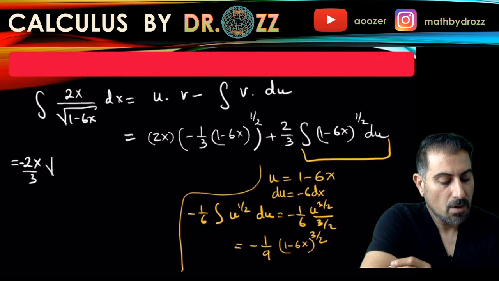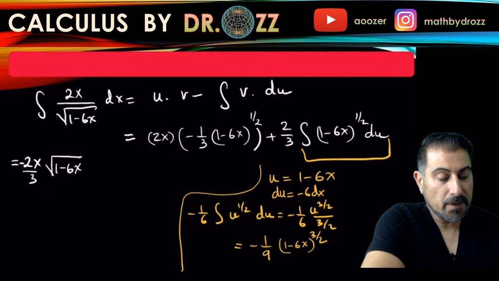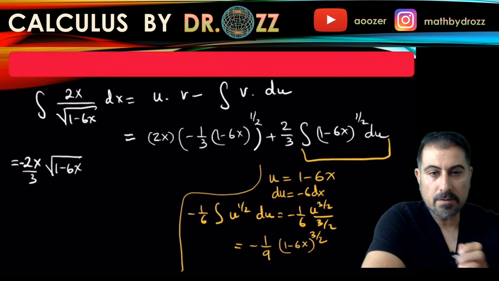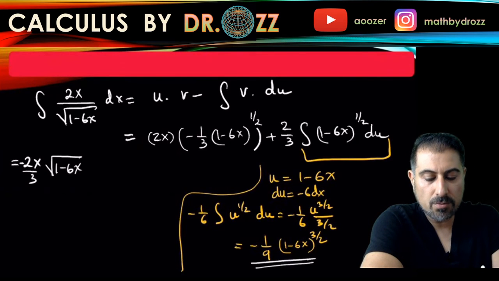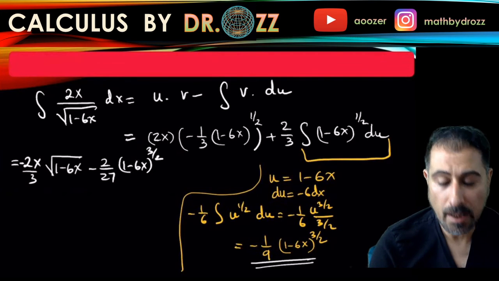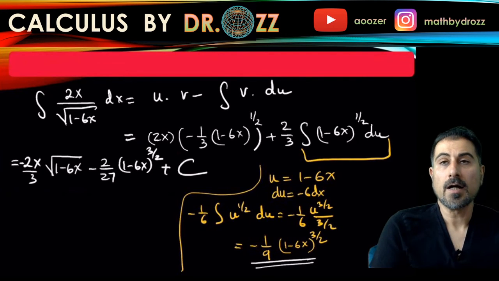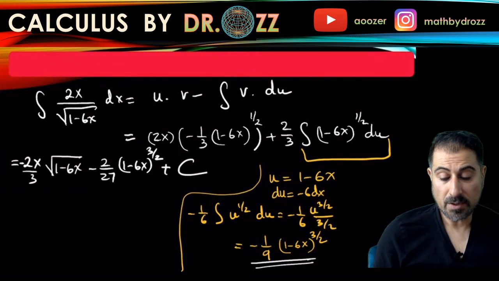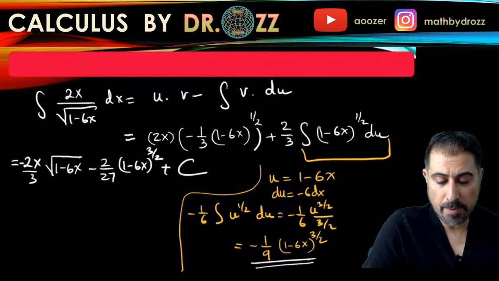Then I have 2/3 of the yellow result here, so 2/3 of that gives negative 2 over 27 times (1 minus 6x) to the power of 3/2, and my generic constant plus C coming along with that. At this moment, you can in fact factor this out more, but I think it's good to stop here.